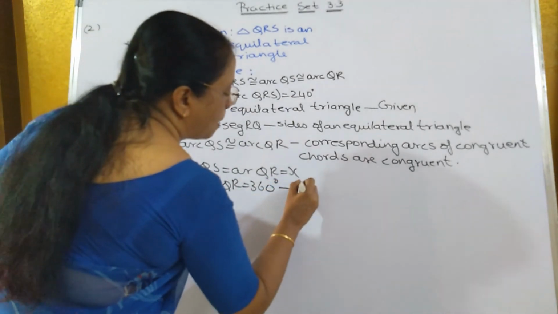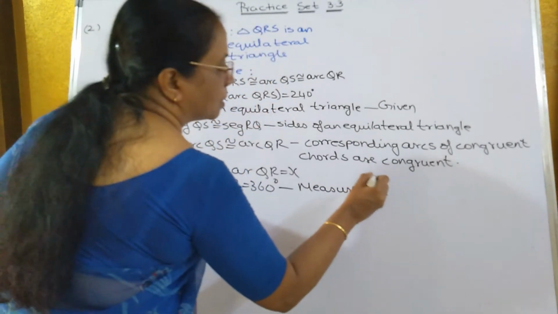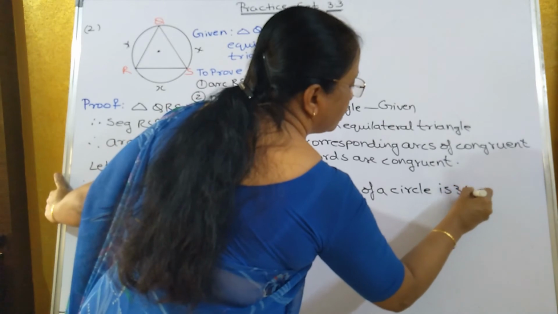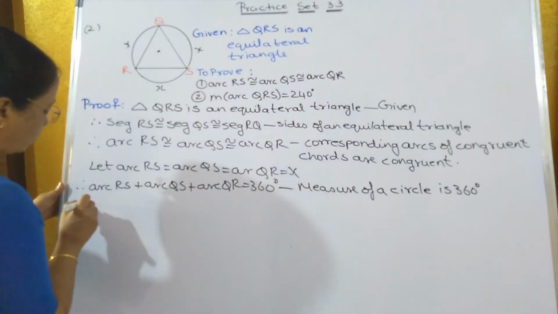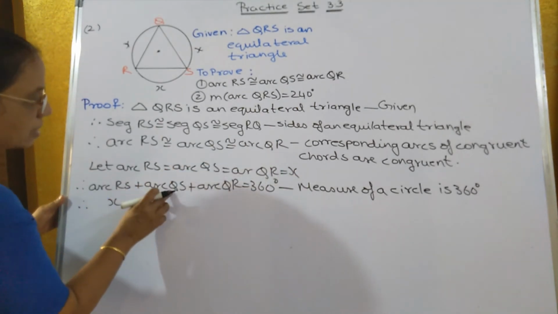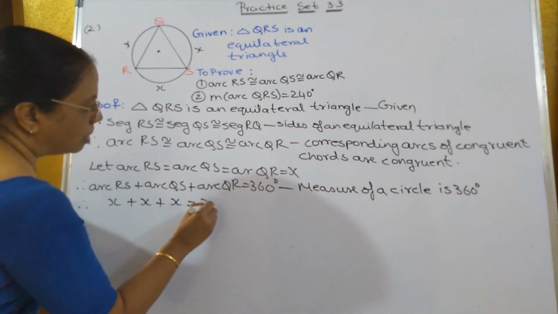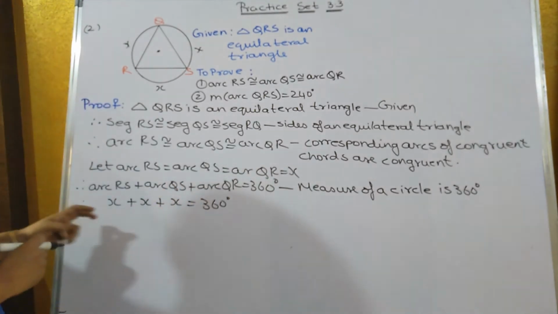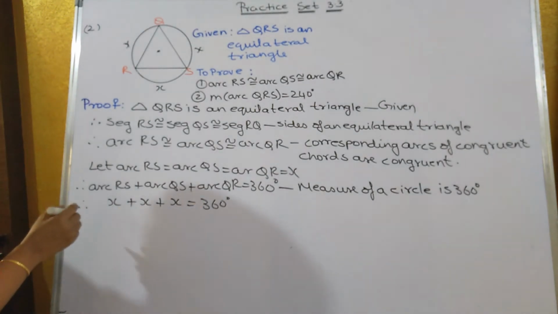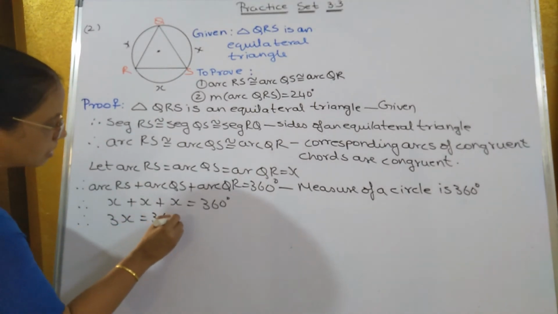What will you write? Measure of a circle is 360 degree. Now we have taken each of the arcs as x. So we will write x, arc QS is also x and arc QR is also x, is equal to 360 degree. All three arcs are the same, so x plus x plus x is equal to 360 degree. Therefore 3x is equal to 360 degree.